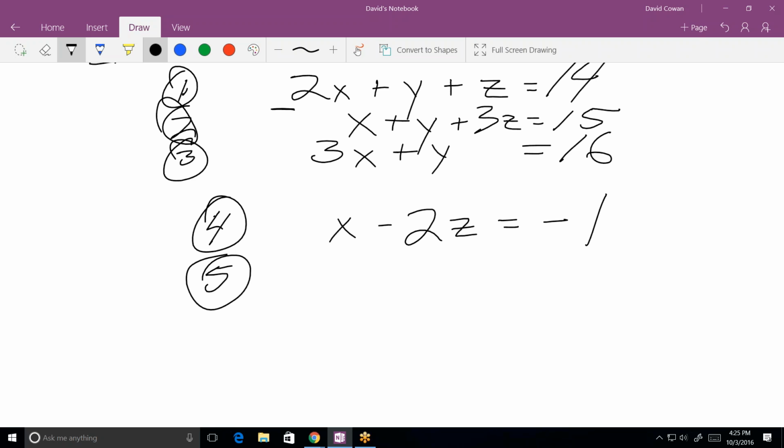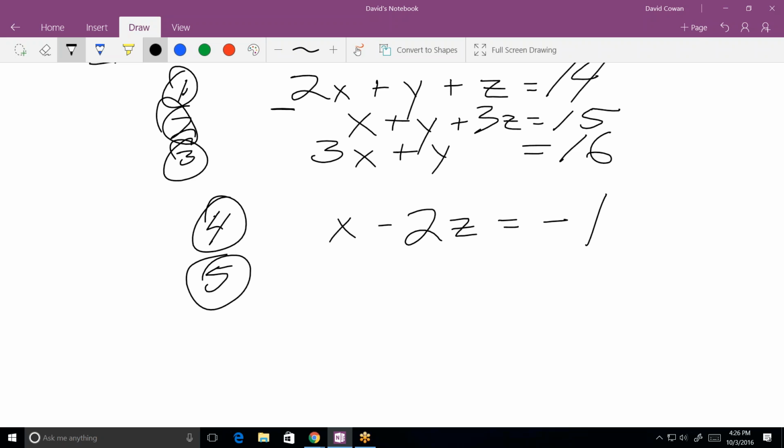So pick 2 to use. So would I subtract 1 from 3 or 3 from 1? Or does it not matter? Either way. Whenever you have 2 equations, you can always add those equations, you can always subtract them. That's the rules of algebra.